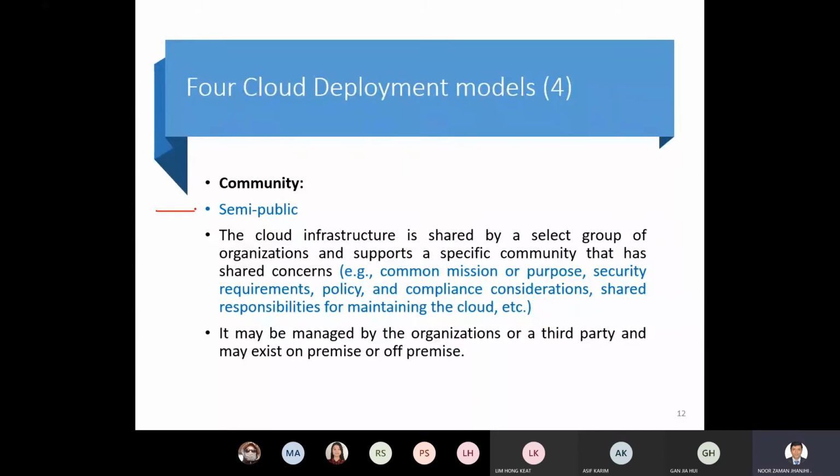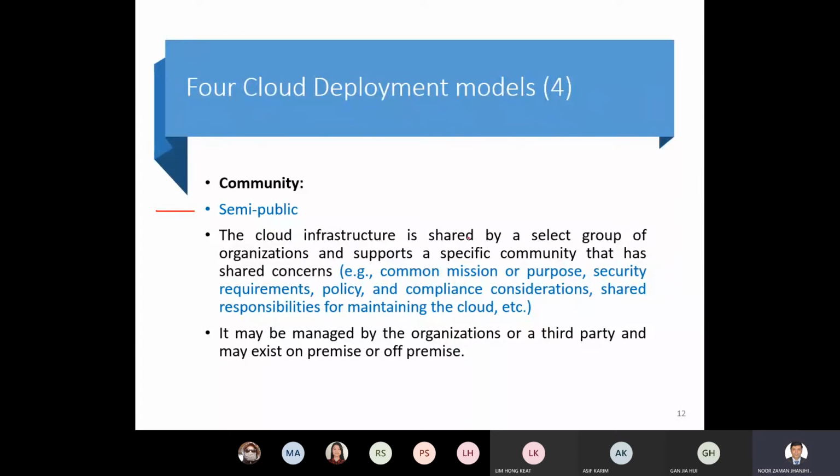So we cannot say that it is dedicated to one hospital or one center. It's not completely private, but it's not completely public either. Me, myself, you, and other people, if we want to access, we cannot. Like the cloud which is being used by the military. In this way, we call this semi-public.